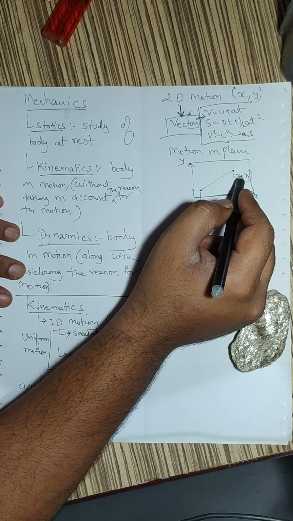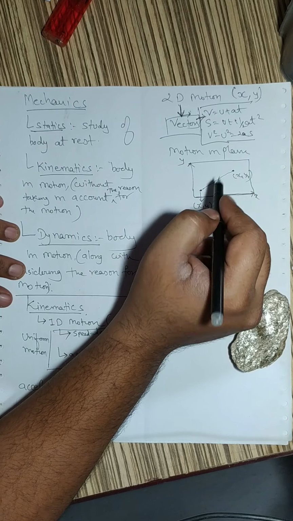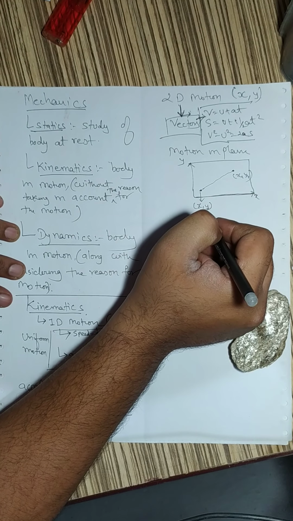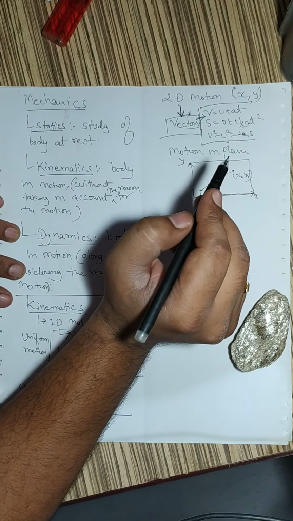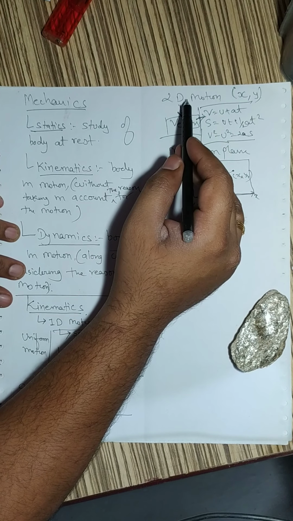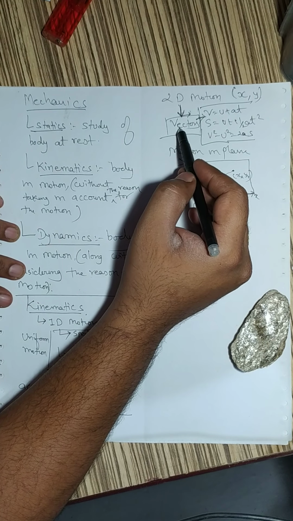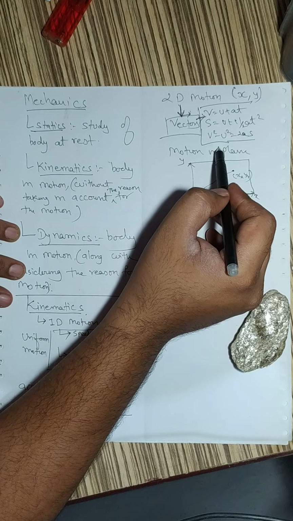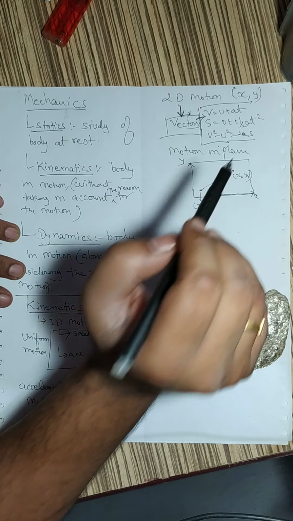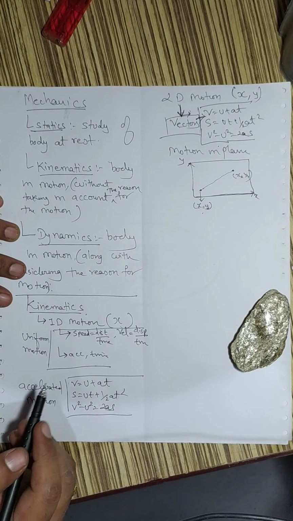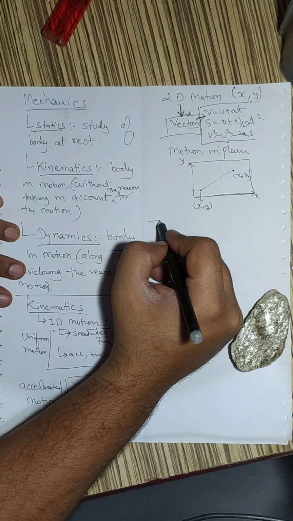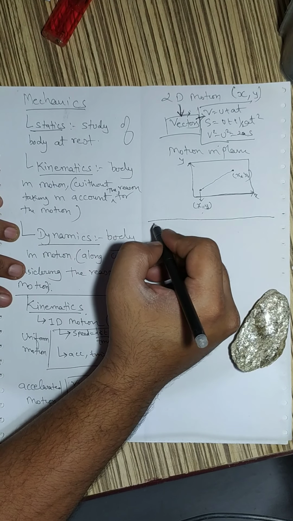Calculation of the distance or displacement, then velocity and then acceleration is quite complicated. This can be done with the help of vectors. So in 2D motion we'll first study vectors, relate the vectors to these equations of motion. Collectively all these things are called motion in a plane. So let us start with our first chapter, that is uniform motion.